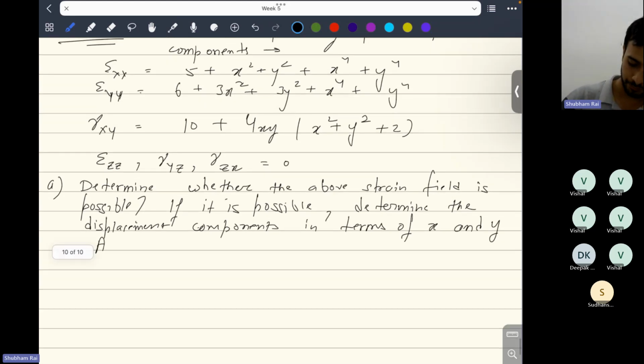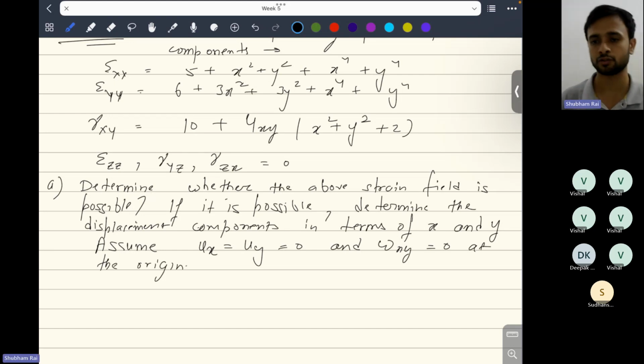You have to assume ux equal to uy equal to 0 and wxy equal to 0 at the origin. So at x equal to 0, y equal to 0, z equal to 0, you have to assume these three conditions.